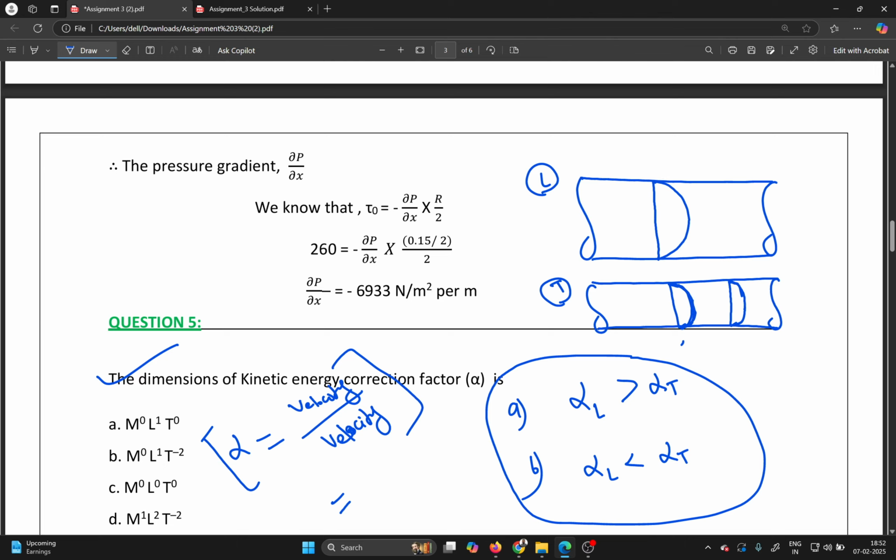So it is the ratio of velocity and velocity, but different velocities. That's why it is dimensionless. The velocity here is your velocity layer-wise, that is, what is the velocity at that layer. Remember please. And the other is the average velocity.